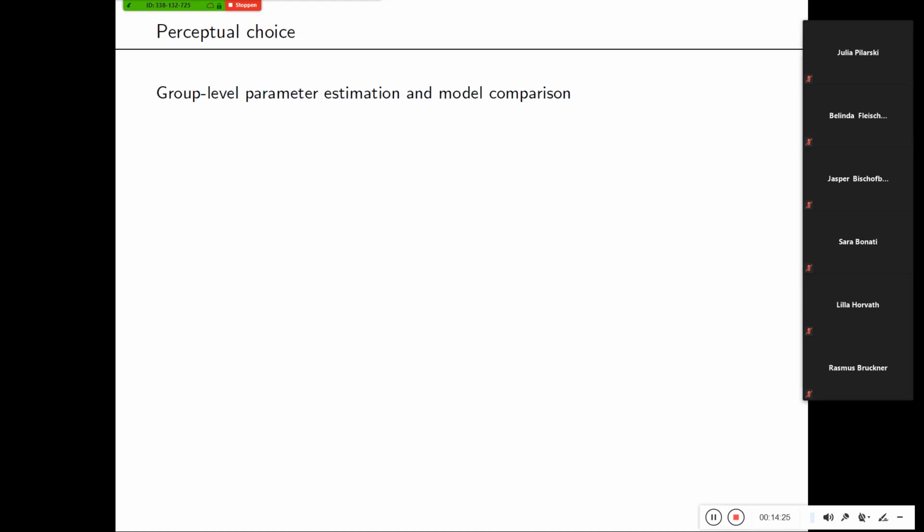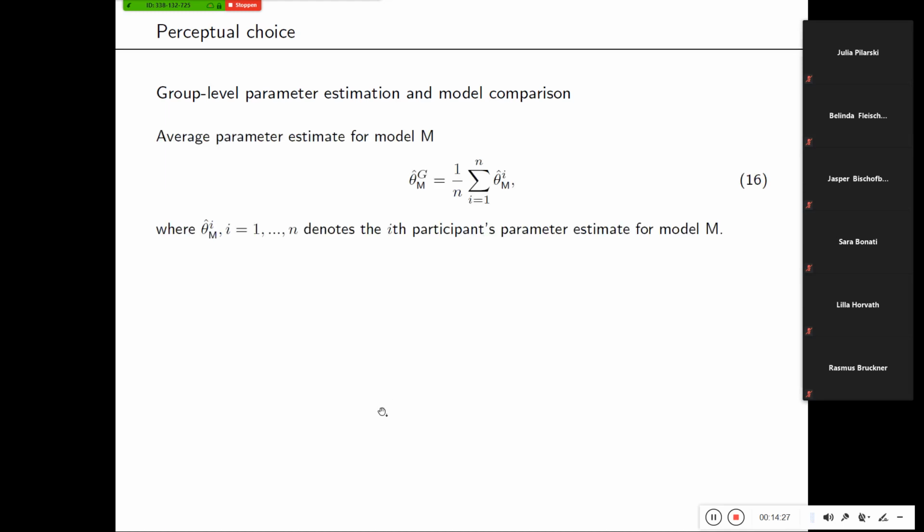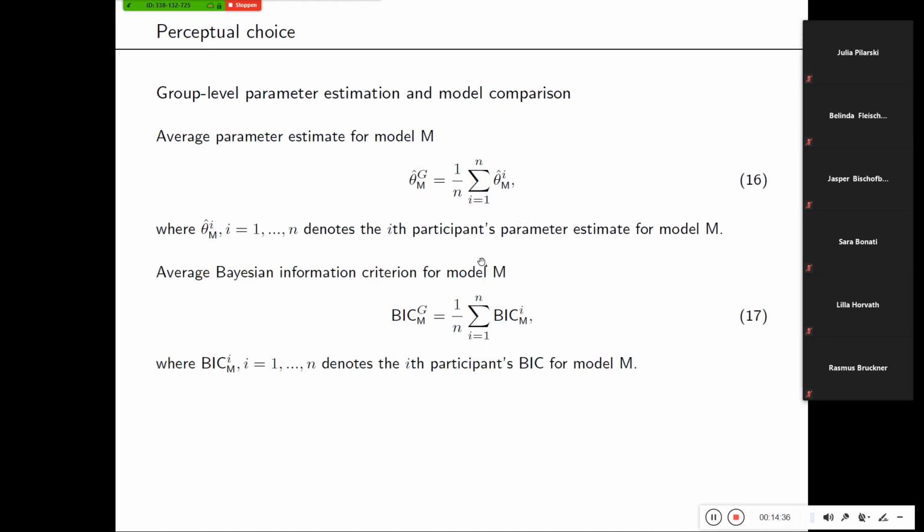So I use a simpler approach. For the group parameter estimate, I just estimate the parameters over participants, and as the group Bayesian information criterion, I also just compute the average. You can call this a fixed effects model comparison if you want.